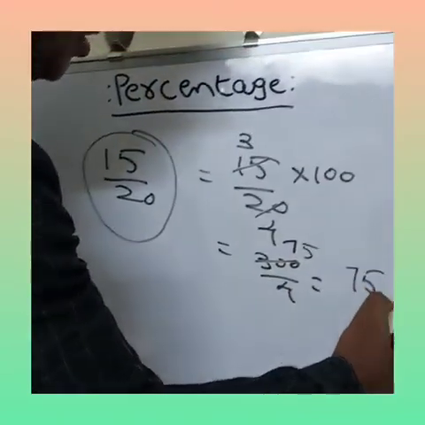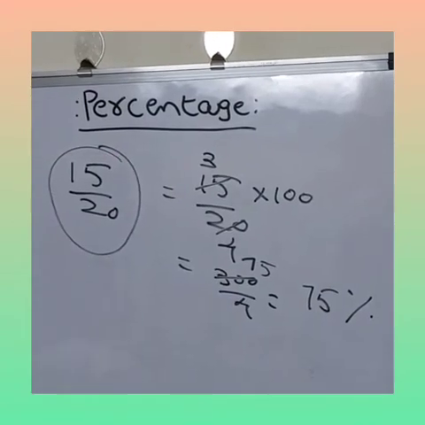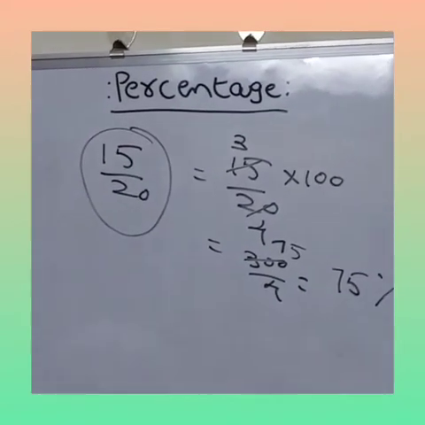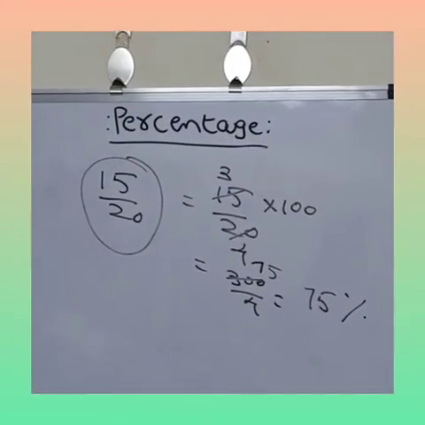So the percentage is 75%. This is the way: if any fraction is given, multiply by 100 and you will get the percentage value.